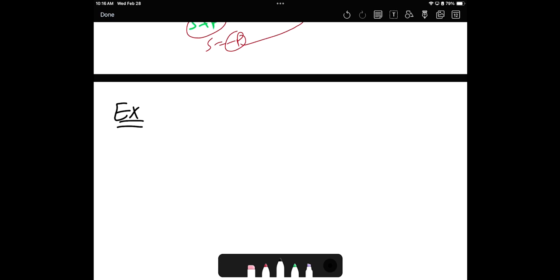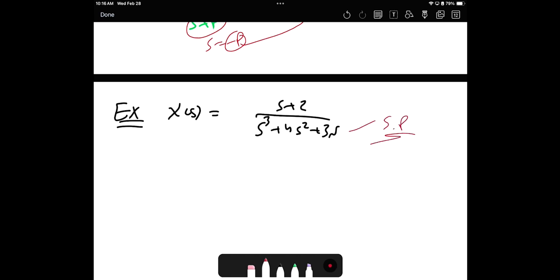Let's try this example. Let's do partial fraction expansion, which we can also use for the inverse Laplace transformation. X of s equals s plus 2 over s cubed plus 4s squared plus 3s. Now, is this one strictly proper? Yes. So I don't need to do the long division. That's great.